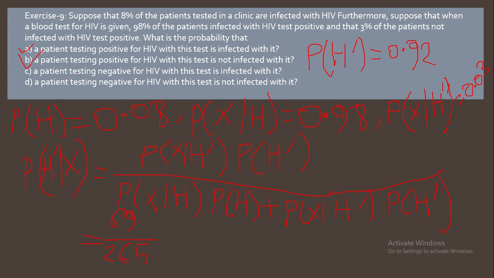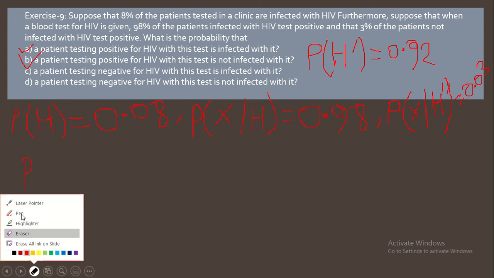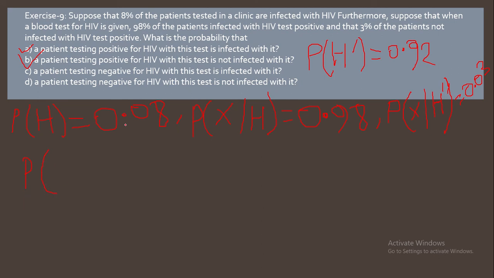Now question C. In question C, it is said that a patient testing negative for HIV, what is the probability that he is infected with it? We know that someone has been tested negative. That means given X prime, what is the probability of H?